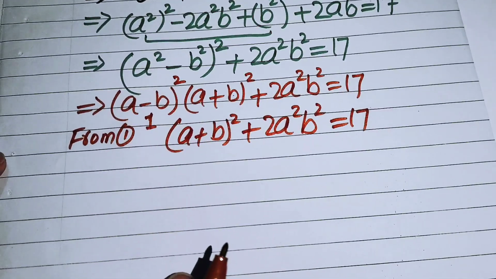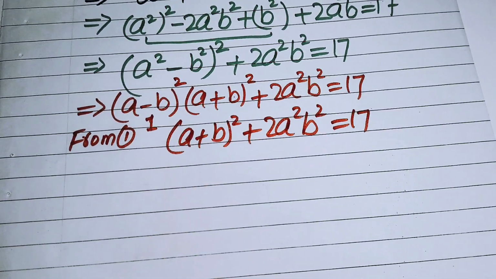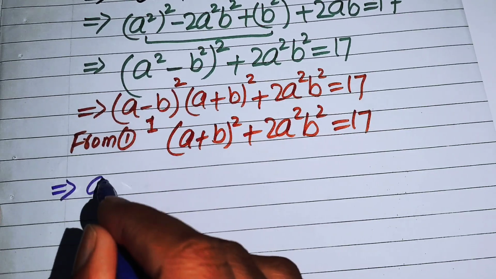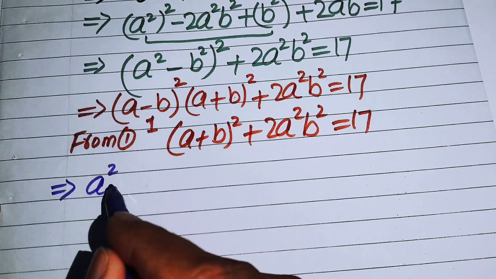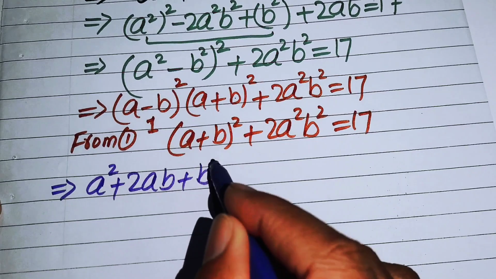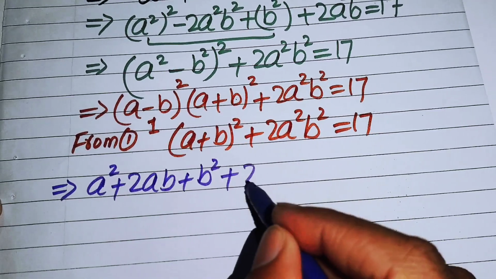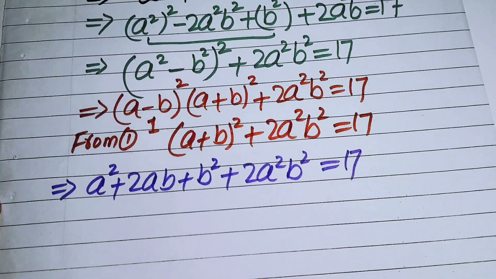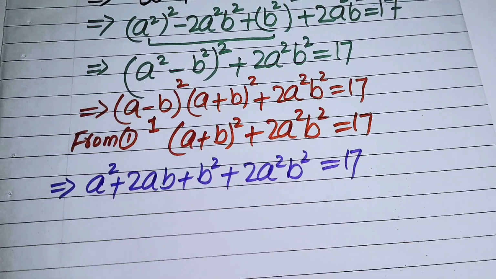And now in the next step we will open the square of (a + b)^2, and you know that it equals a^2 + 2ab + b^2, and here you have 2a^2 b^2, and this whole equals 17.